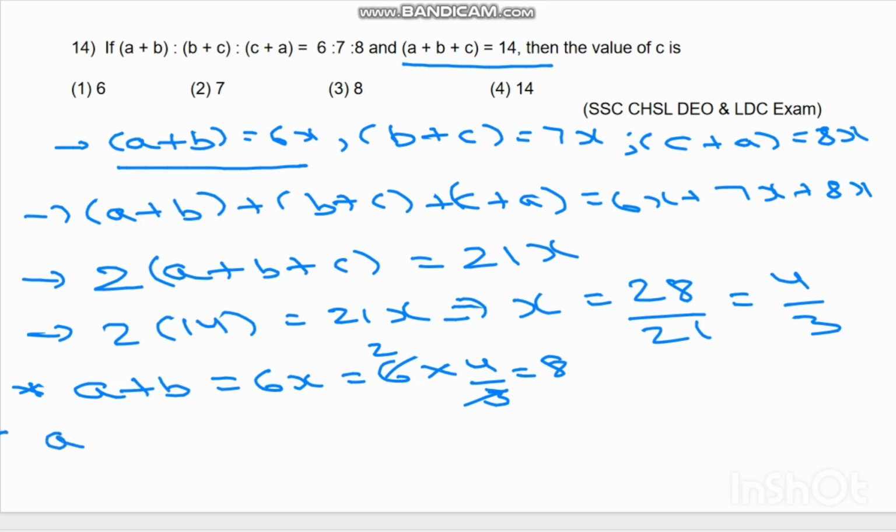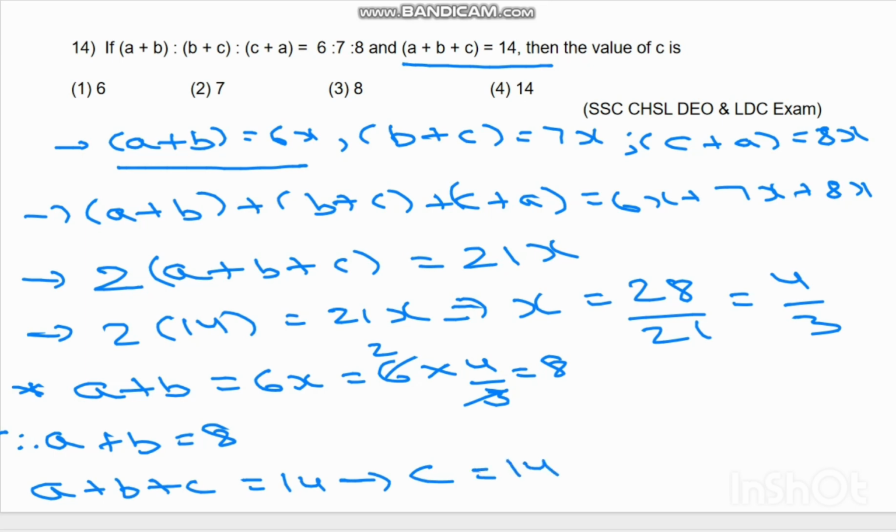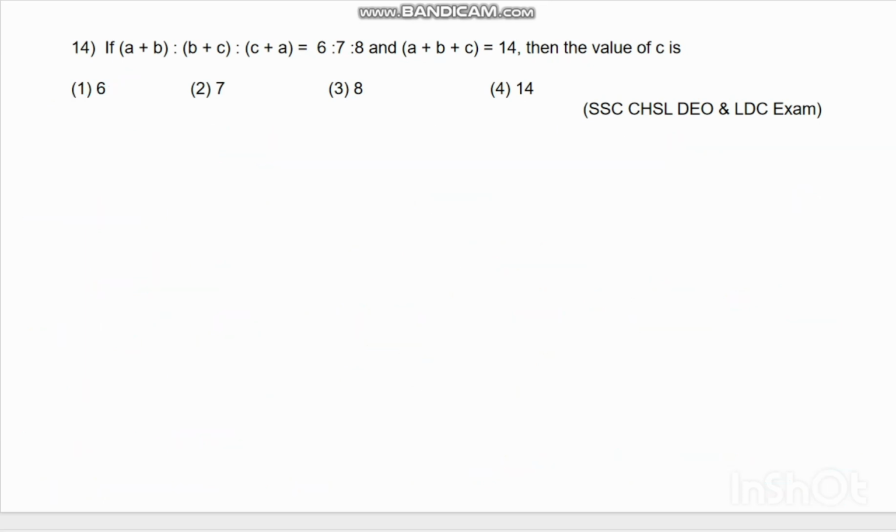So therefore A plus B equal to 8. A plus B plus C equal to 14. C equal to 14 minus A plus B equal to 14 minus 8 equal to 6. So option C is correct answer.